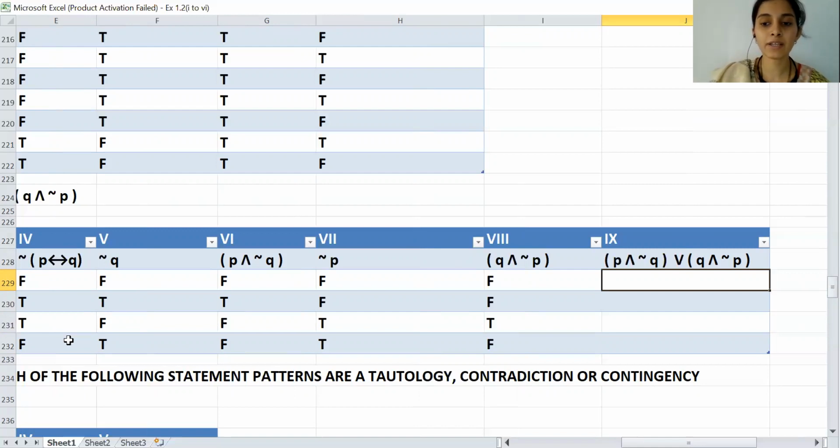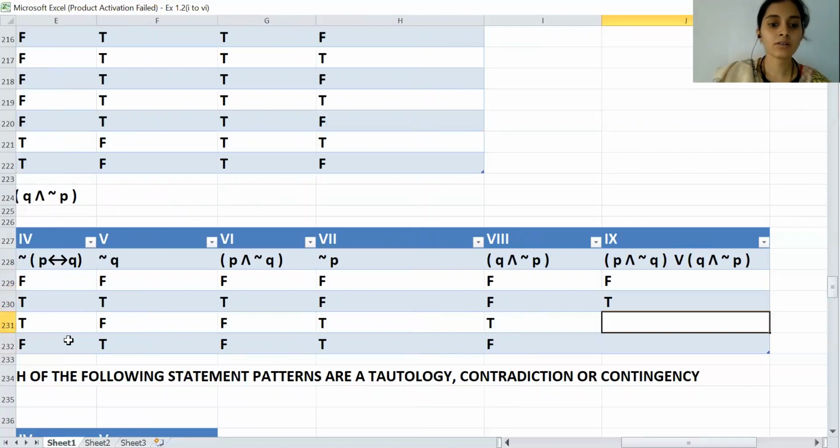So that is P and negation Q, 6th column, or Q and negation P, that is 8th column. Okay, so let us begin. We have to do 6 or 8. F or F, F. T or F, true. F or T, true, and F or F, false. So we have F, T, T, F.